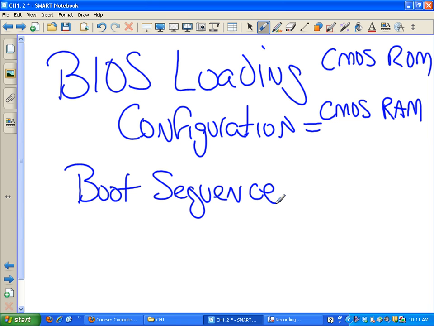Okay? So now, when this system starts, the first thing it's going to do, it's going to look for a system on a USB drive. Okay, that's the first thing it's going to do. And if it doesn't find it on a USB drive, it's going to look on a CD-ROM drive. So it's going to go to here and see if there's anything that it can boot from on this disk, which, by the way, there is.